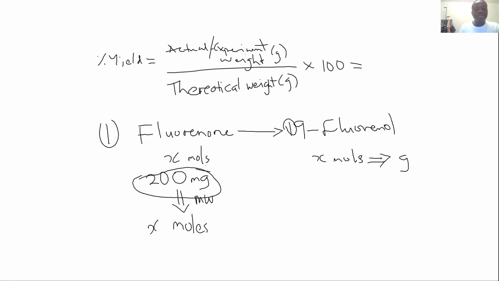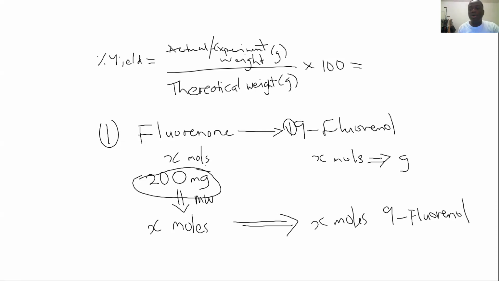Whatever you get for that would be the number of moles of 9-fluorenol that you are expected to get, all things being equal, your theoretical moles. Okay? And once you get that, you can convert your X moles into mass of fluorenol, and you use the molecular weight of fluorenol to do that.